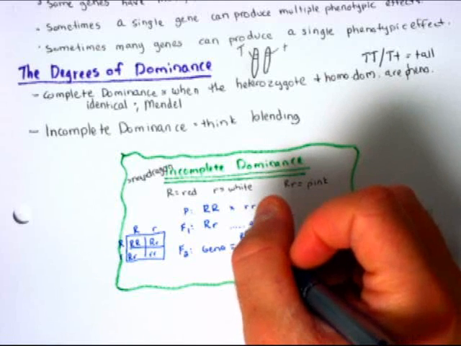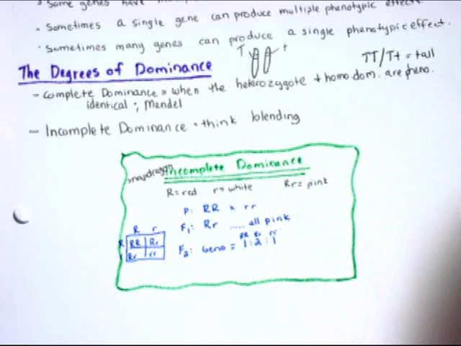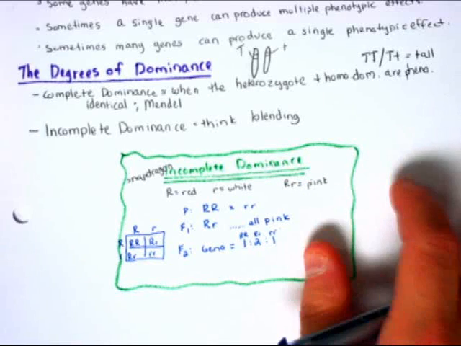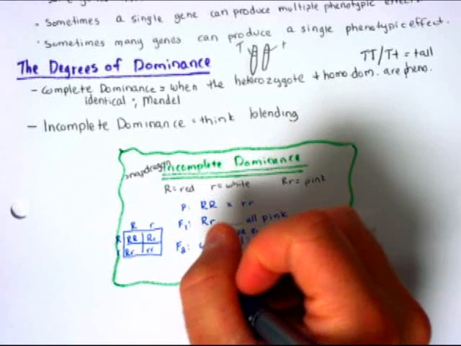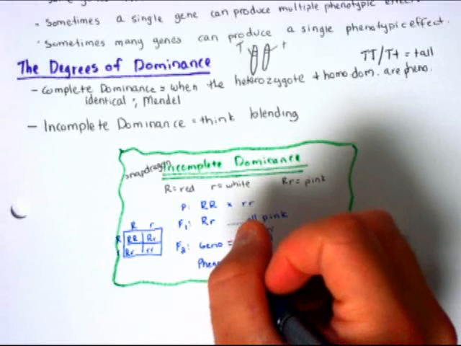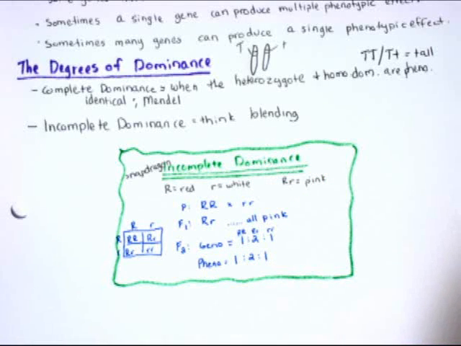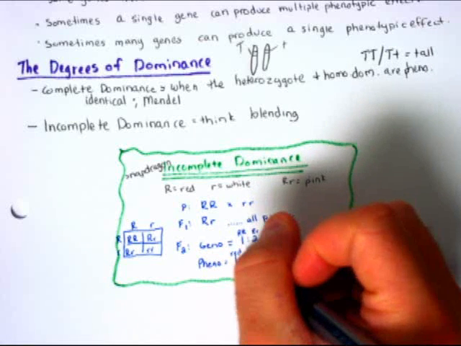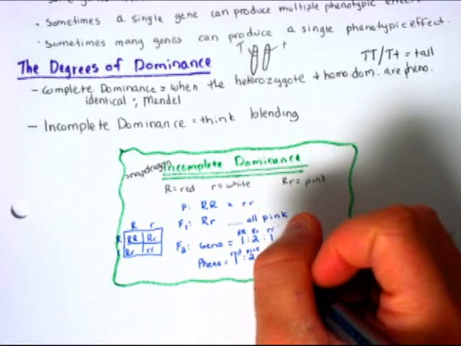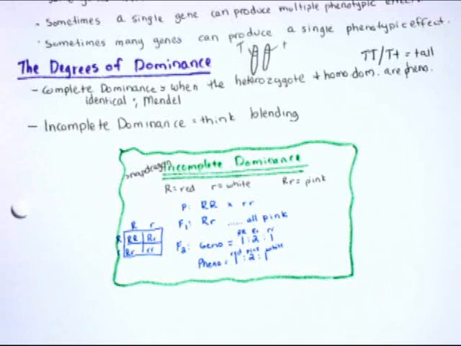That's 1 homozygous dominant, 2 heterozygous, and 1 homozygous recessive. And phenotypically, this would be a 1:2:1, and not a 3:1 as Mendel might predict. 1 would be red, 2 were pink, and 1 was white. Good? So there's an incomplete dominance problem.